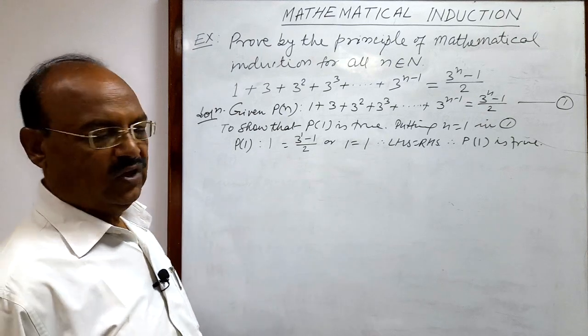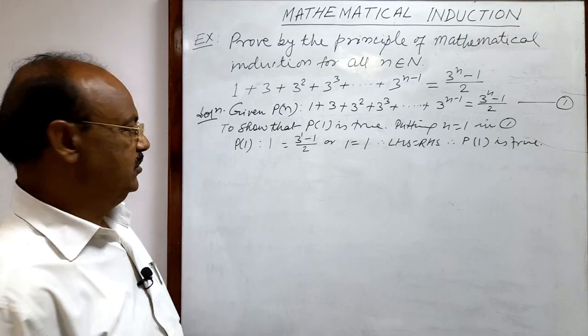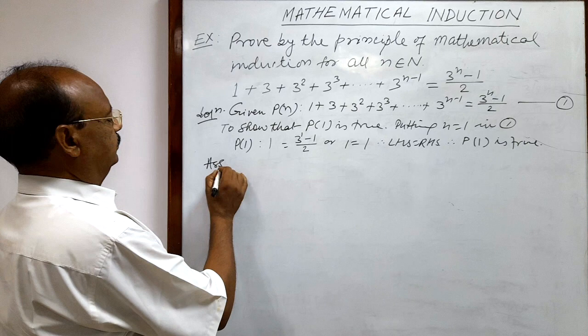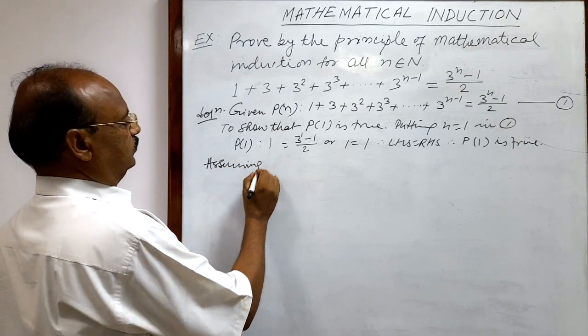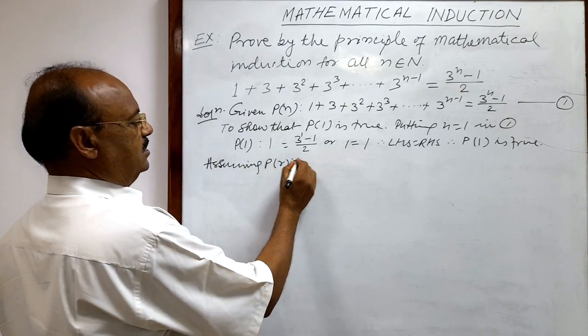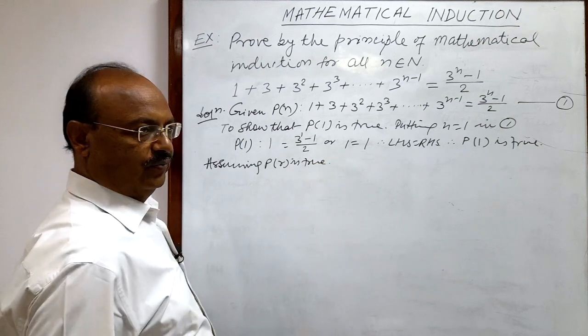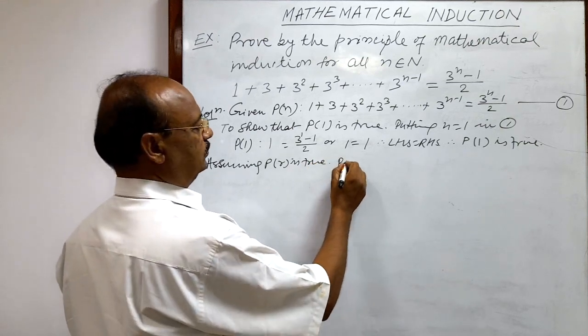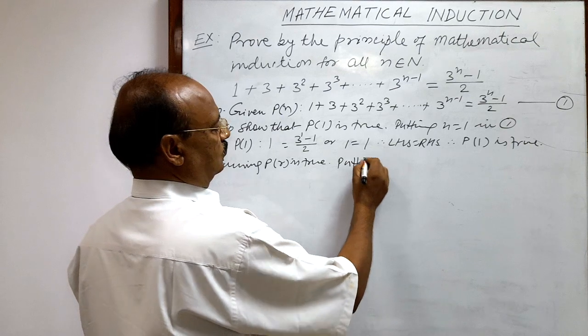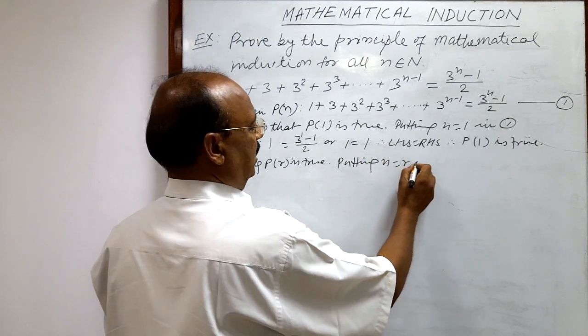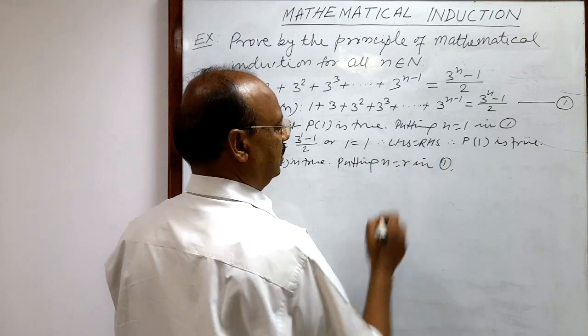Now the second step: we have to assume that PR is true. Assuming PR is true, we put n is equal to R in relation number 1.